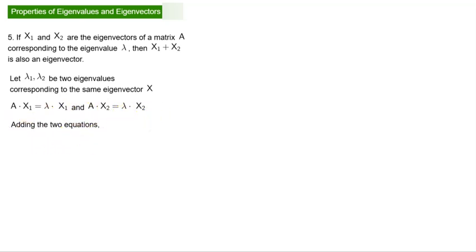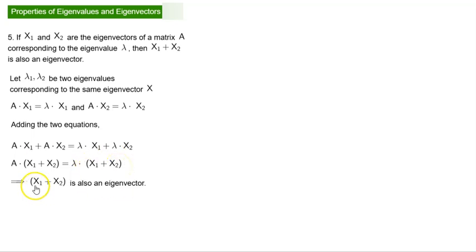Now, adding the two equations, we get A times x1 plus A times x2 is equal to lambda times x1 plus lambda times x2. A is common, so A times x1 plus x2 is equal to lambda times x1 plus x2, which implies x1 plus x2 is also an eigenvector because it is in the form of A times the vector is equal to lambda times the vector.